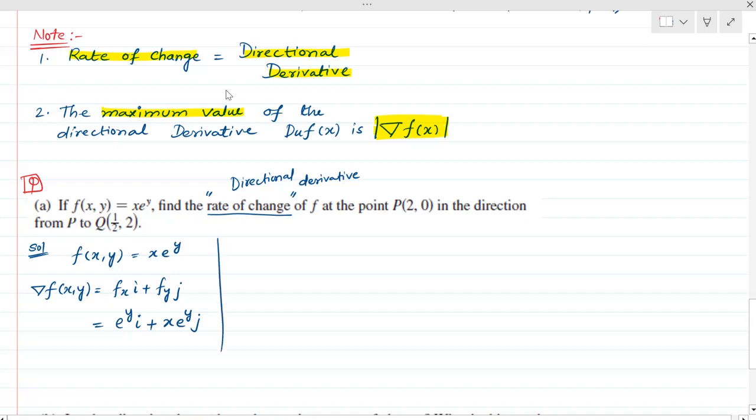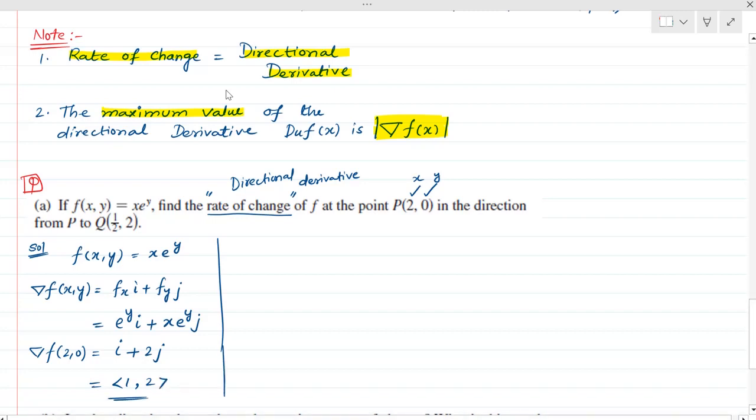The initial point is always the p value, so you have to substitute x and y with this point p. The gradient vector at the point 2 comma 0: y is 0, so e power 0 is 1, plus 2 times j. So you will get the vector 1 comma 2. So this is the gradient vector.